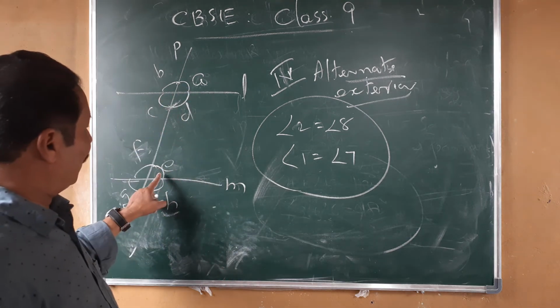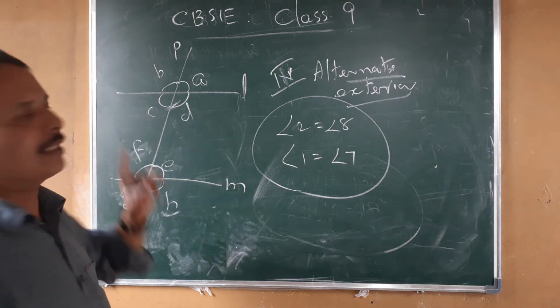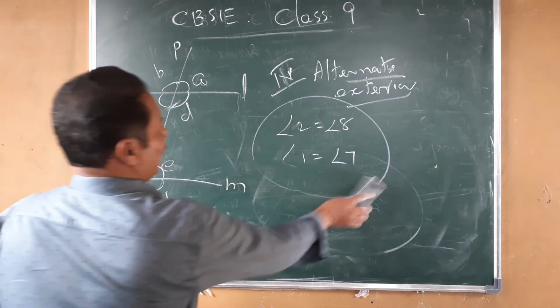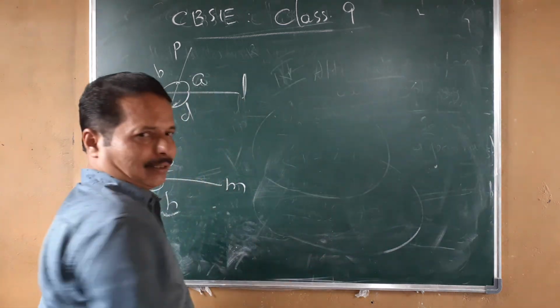That is D plus E equal to 180, C plus F is equal to 180. Are you ready? I will give you the home assignments later. Okay, all this.